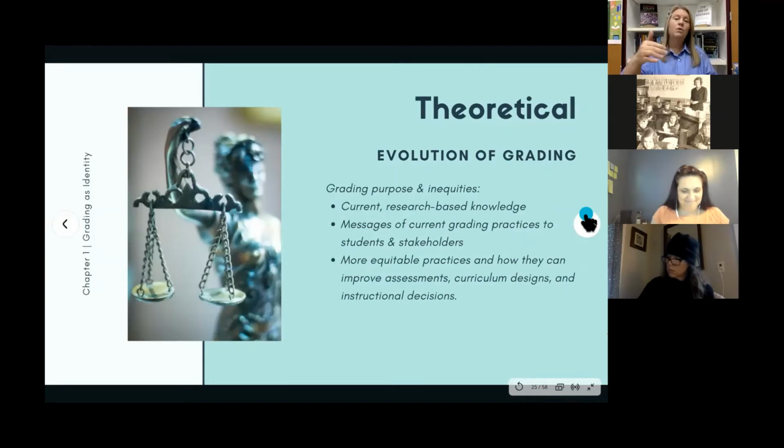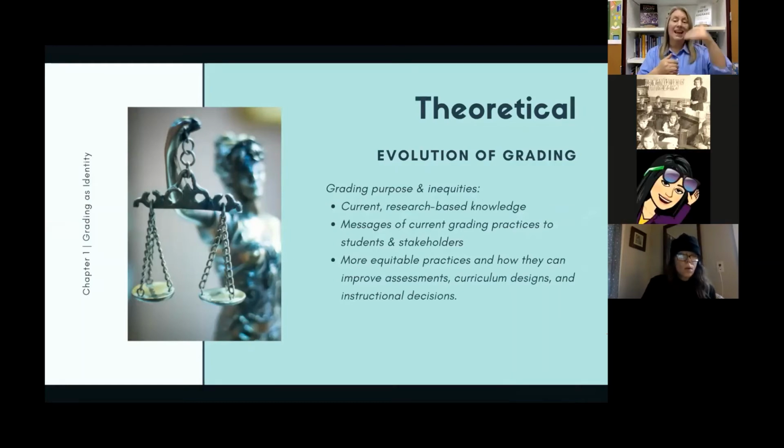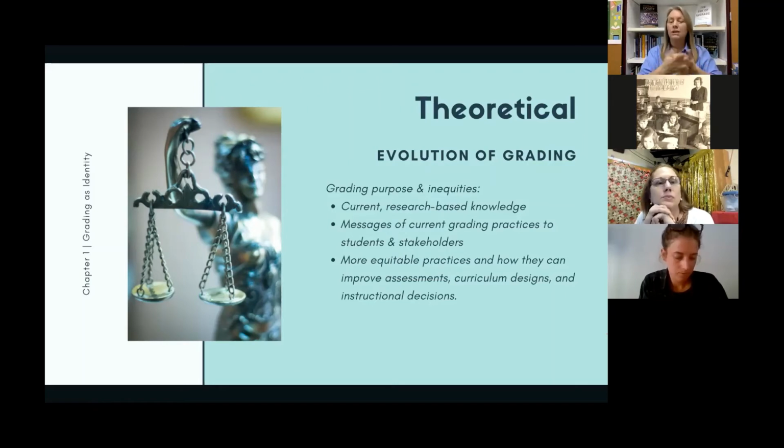And then with the theoretical, we will be getting a lot more information from this book with current research-based knowledge about the purpose of grading and the inequities in grading, messages of current grading practices that are given to both students and the stakeholders like parents, administration, school boards, community.